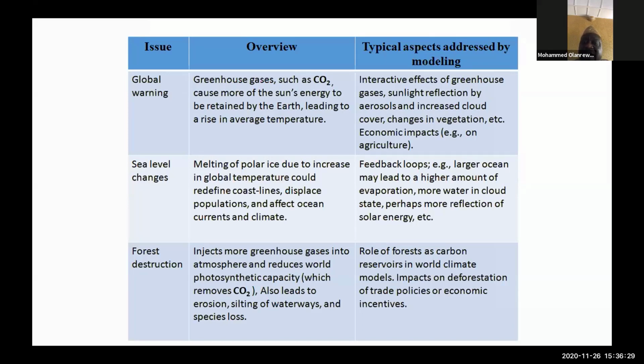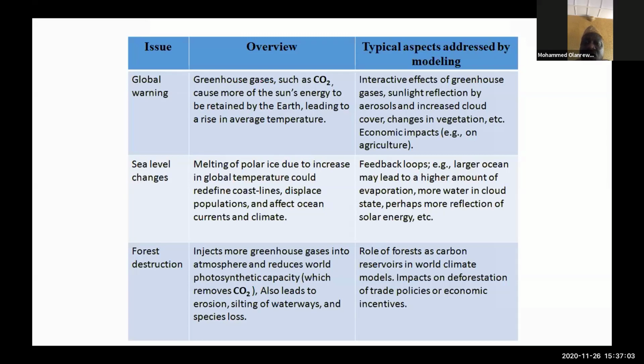Typically, aspects addressed by modeling: interactive effects of greenhouse gases, sunlight reflection by aerosols, and increased cloud cover, changes in vegetation, economic impacts on agriculture, sea level changes. Just like you have a freshwater research institute in Lagos, and I think also one in New Bussa also.